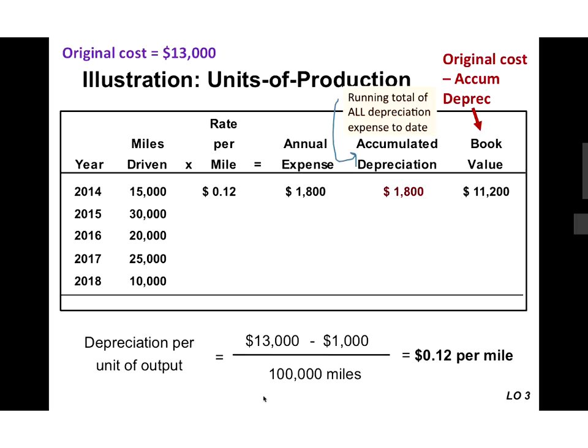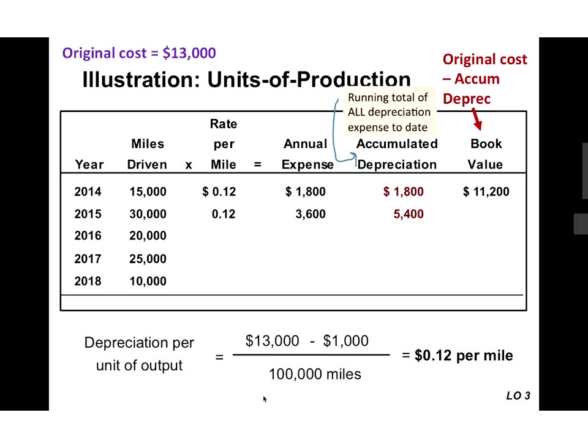Okay, so for year two, 2015, it tells us we drove 30,000 miles. So 30,000 miles times 12 cents a mile is going to give us $3,600 of depreciation expense. Then I'll take my depreciation expense of $3,600 and add it to $1,800 accumulated depreciation from last time, and I get $5,400.